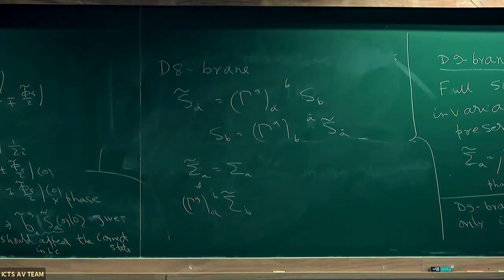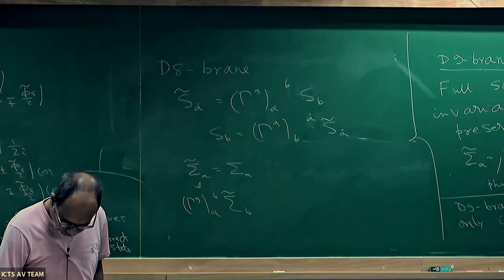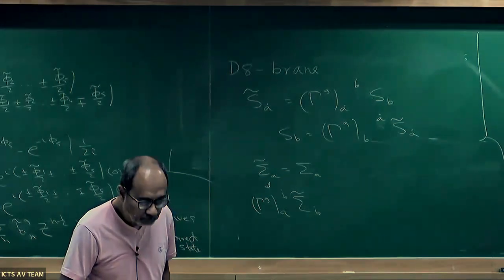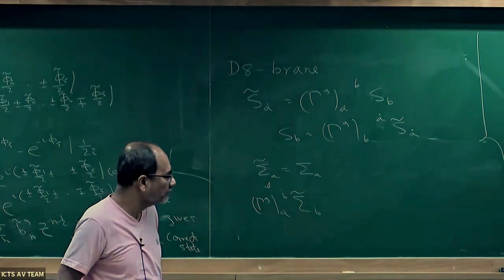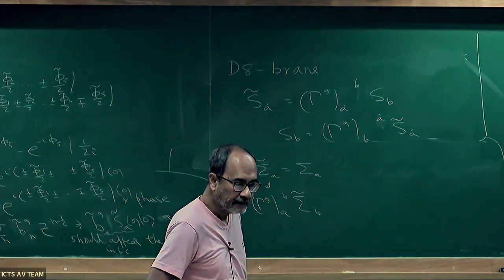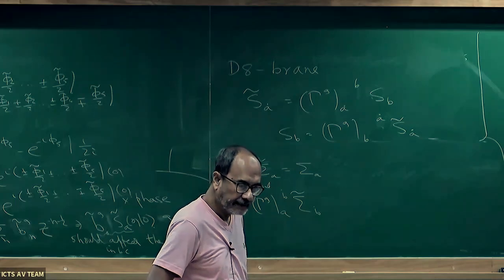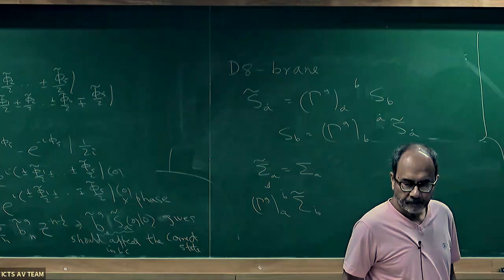Exactly, that's why p even exists in type 2A. For p odd, you have an even number of gammas. This makes sense, if we see for a D7 brane there will be gamma 1 and gamma 2. Yes, exactly, or gamma 8, gamma 9, depending on where you are.